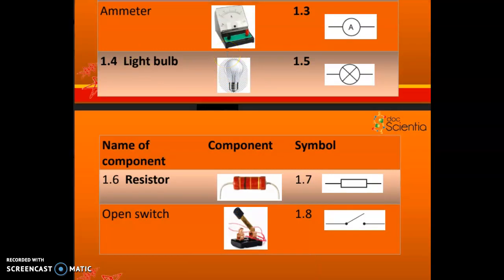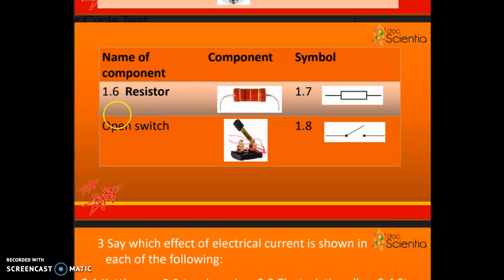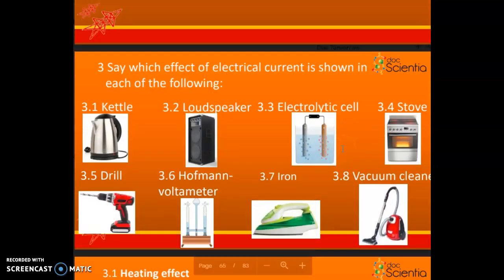And the symbol for that would be this little cross in the circle. And 1.6 is called a resistor. And the symbol is that. And this is an open switch, and it has this symbol.